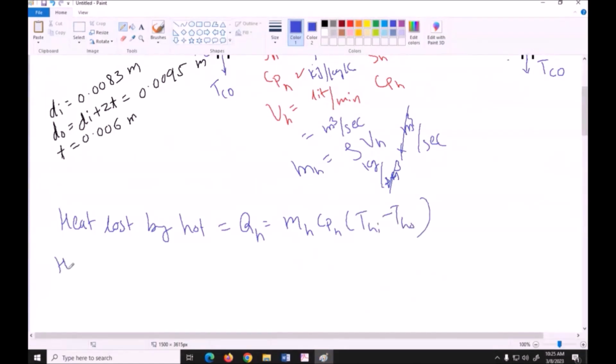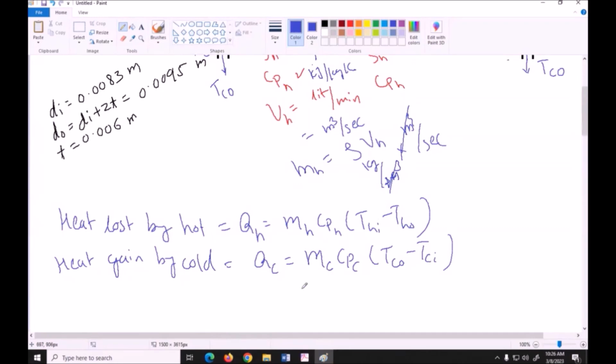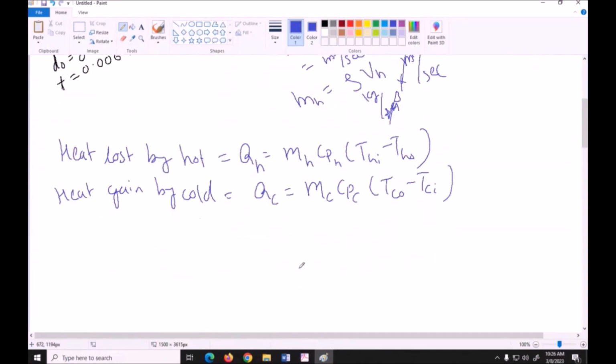Similarly, heat gained by cold water, QC, is equal to MC, CPC, TCO minus TCI. So both heats are the same. Heat lost by hot water is equal to heat gained by cold water, and from that we can find out the heat lost or gained.